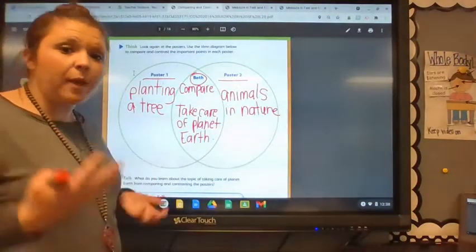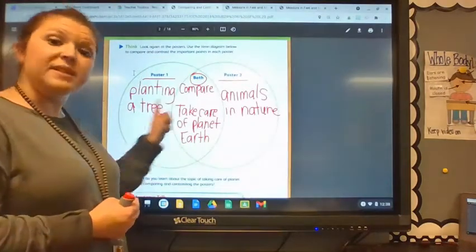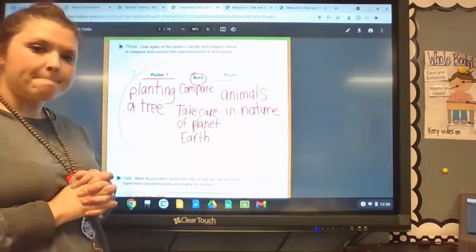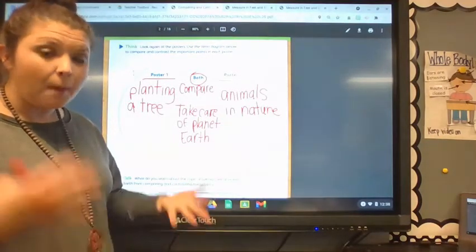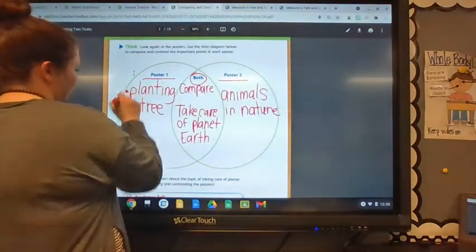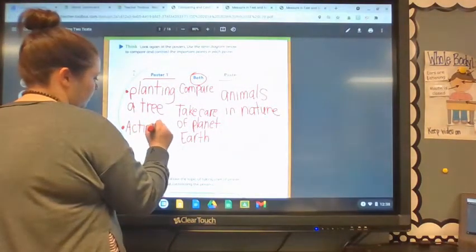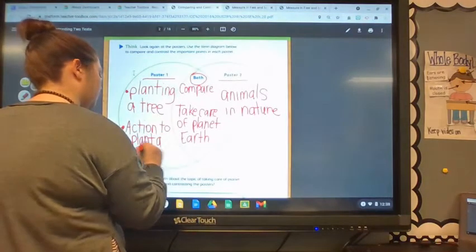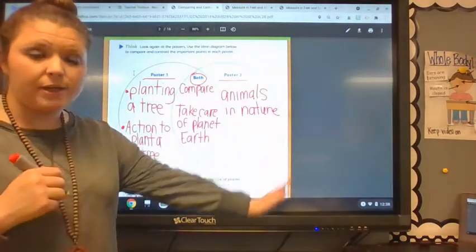All right, now let's think about the words. What did the word say in poster 1 that was different than what the word said in poster 2? Well, the words in poster 1 said, plant a tree. So they're telling us an action that we can do. Right? In poster 2, they didn't tell us to plant a tree, did they?